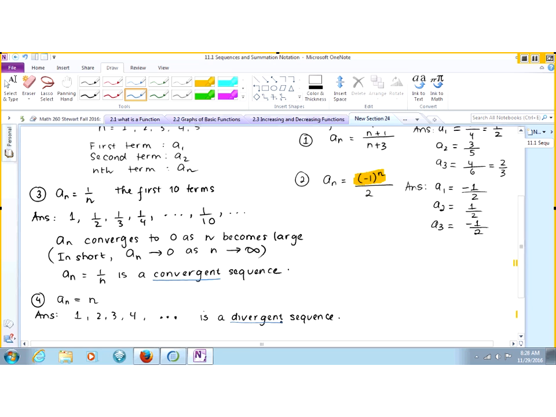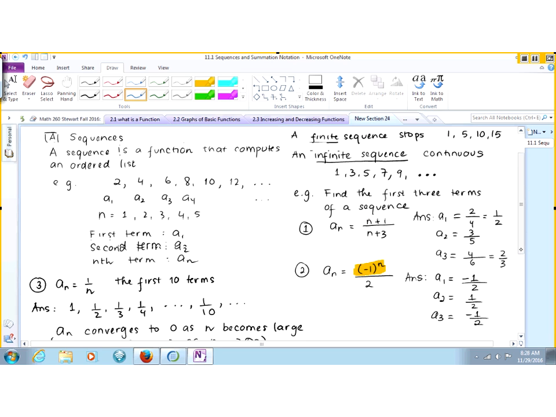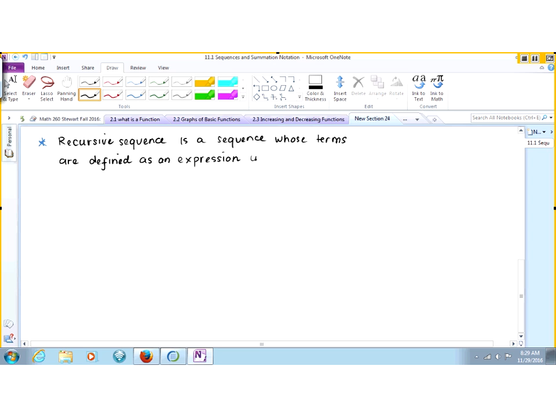Now, let's talk about recursive sequence. If you take programming classes, you will use a lot of recursive sequences. Did anybody take a programming class? No, not yet? Okay. So, a recursive sequence is a sequence whose terms are defined as an expression involving the previous term.